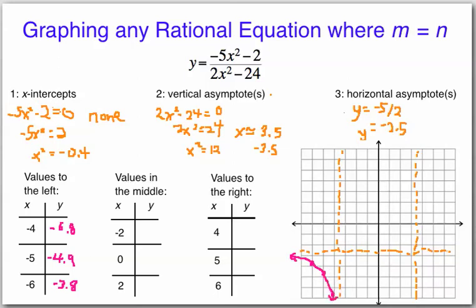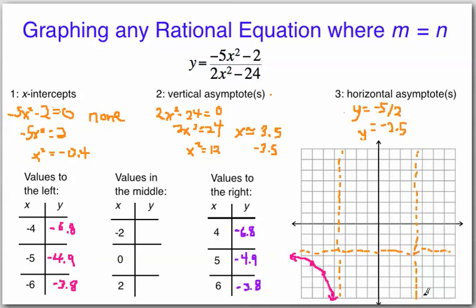Like with the rest of our graphs, we have a really nice symmetry going on here, where on the left and on the right the graph is going to be doing very similar things. The values to the right are going to be exactly the same: negative 6.8, negative 4.9, and negative 3.8. We can plot these.